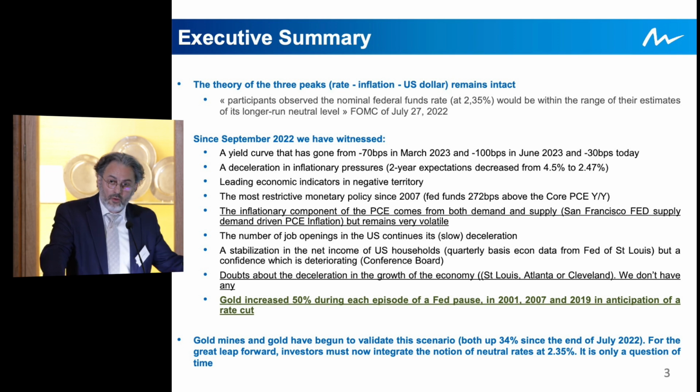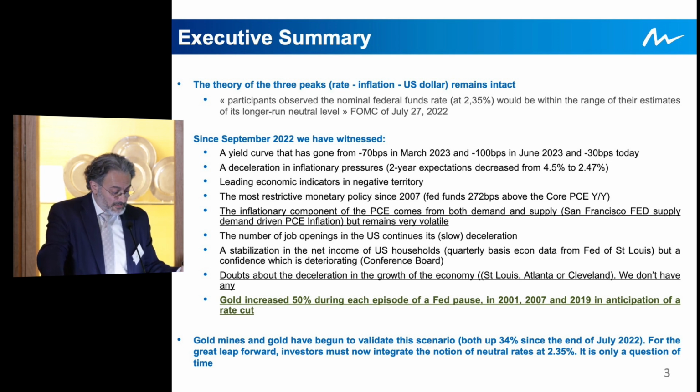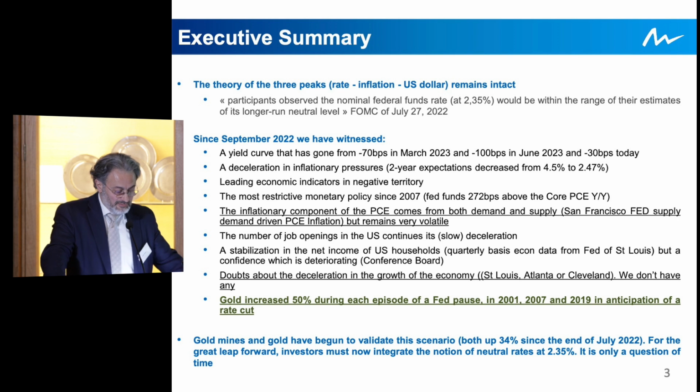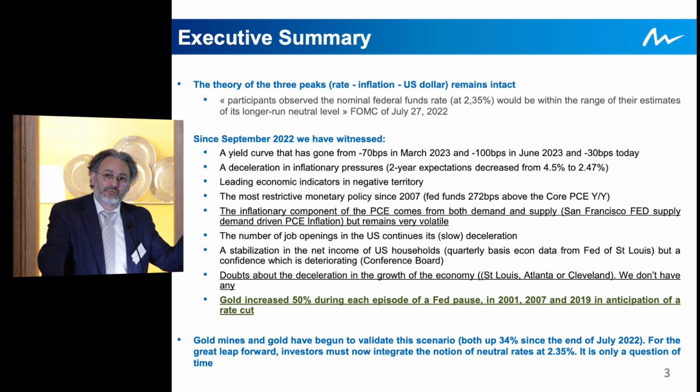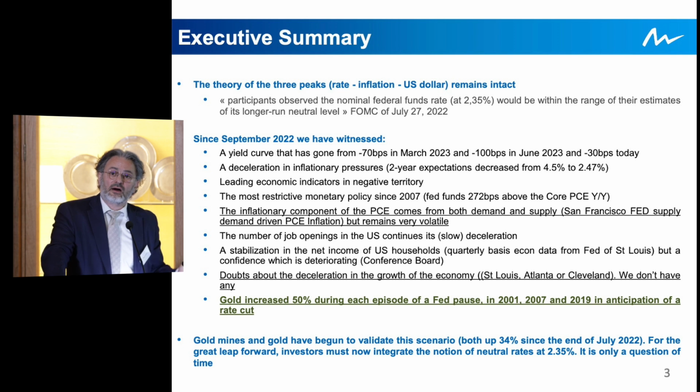So, all in all, in this environment, and this is factual, we're going to see interest rates go down, inflation is decelerating, and the Fed will ultimately lower its rates. And this is why gold has gone up.